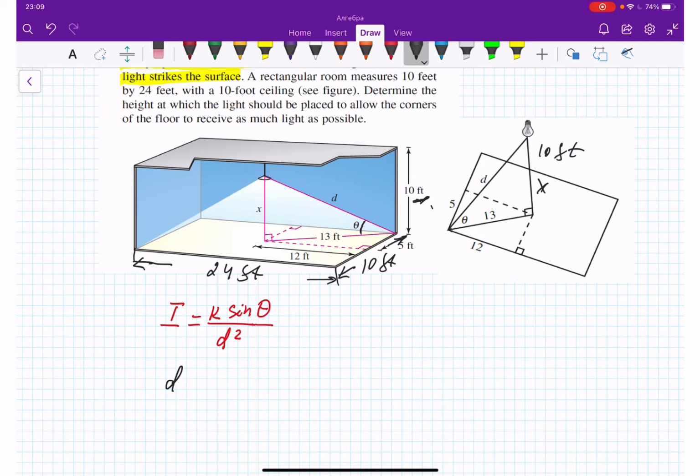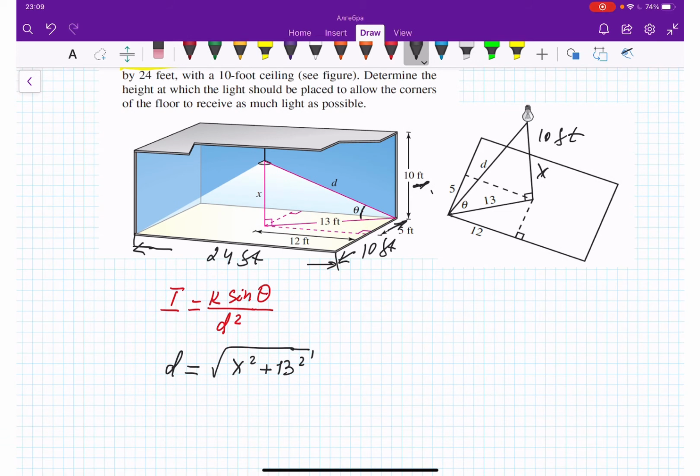So the hypotenuse is equal to the square root of the sum of squared legs. So one leg is our x, which is height. The other leg is 13 squared, which is going to be x squared plus 169, right?